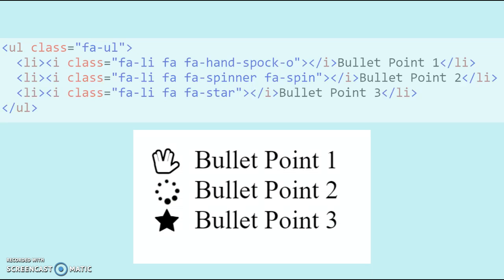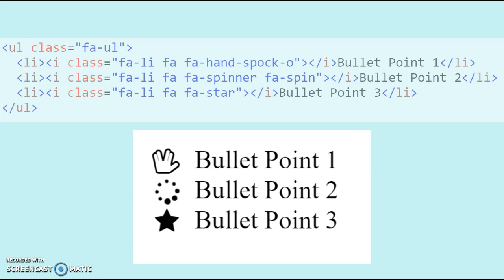So as you can see, I have it in the UL element and then the LI element to have bullet points, and that's how it shows up. And the middle one, I only did a screenshot, but that actually is a moving icon. It goes in a circle. So that could be helpful for whatever design you are going for, and they have a lot of options to go for as well.